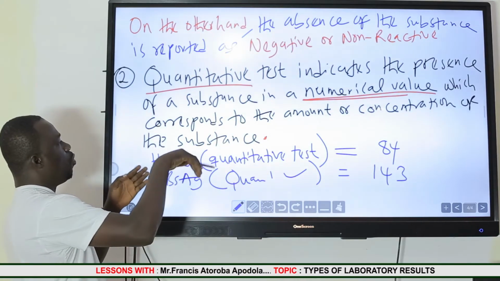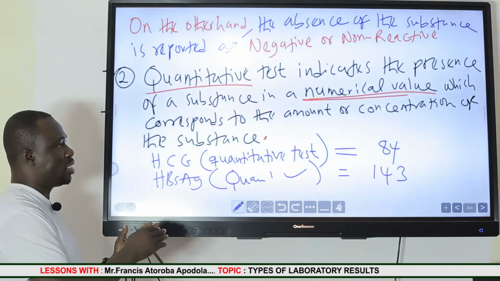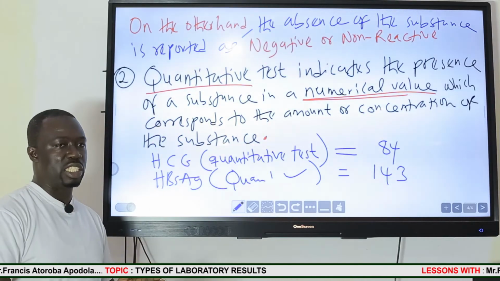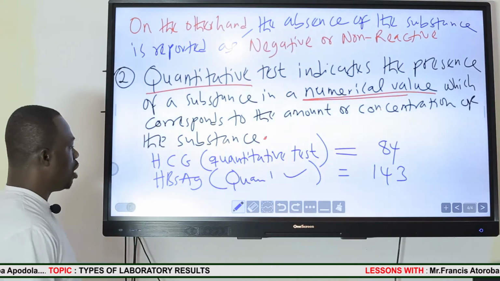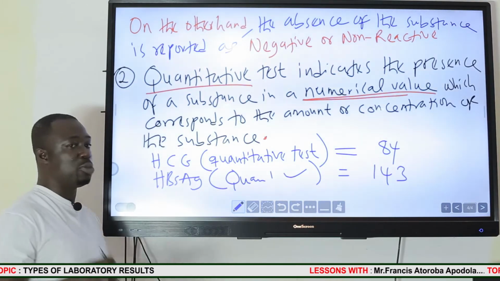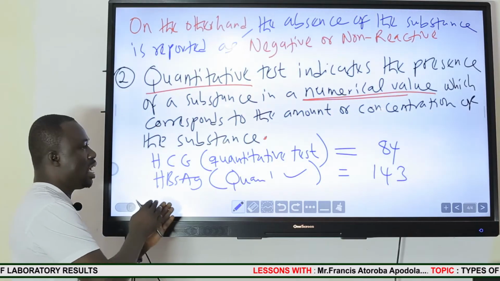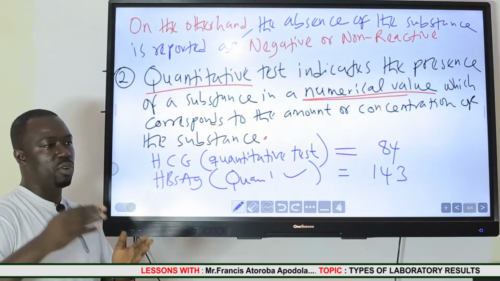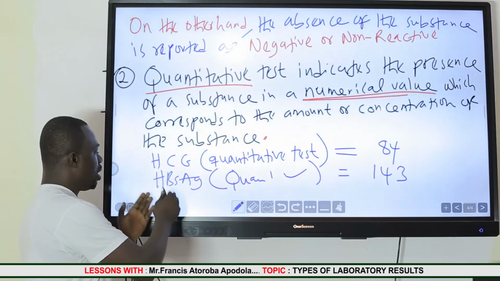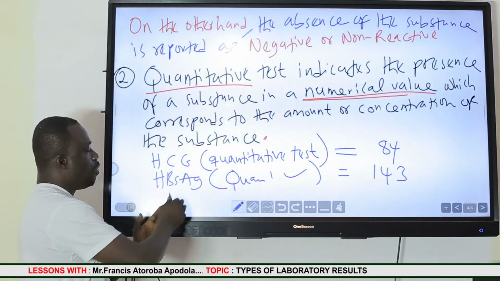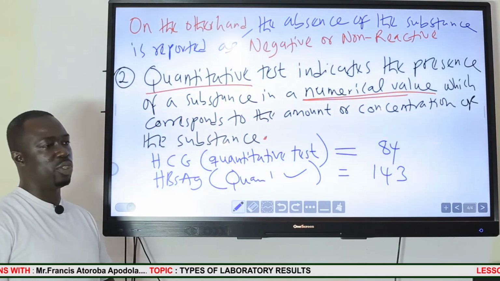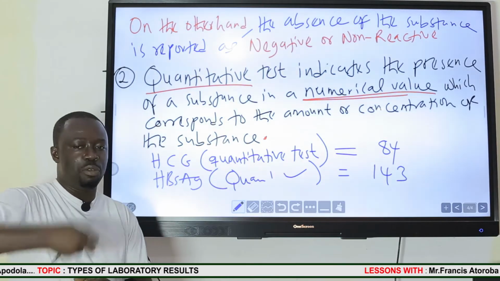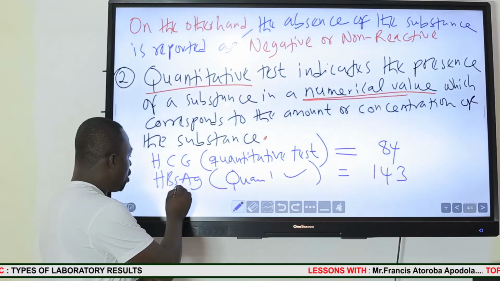And so when you are sending a request, there are some tests that can be performed as either a qualitative test or a quantitative test. So when you say HCG, you need to specify whether it is a qualitative or a quantitative test. For hepatitis B surface antigen, routinely we perform the qualitative one, reported as positive or negative. When it is positive, maybe we want to quantify the amount of the surface antigen.